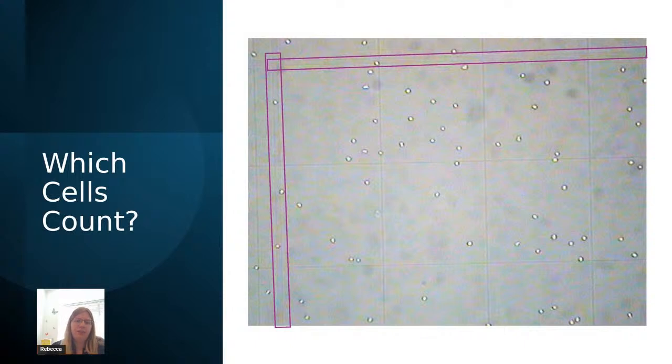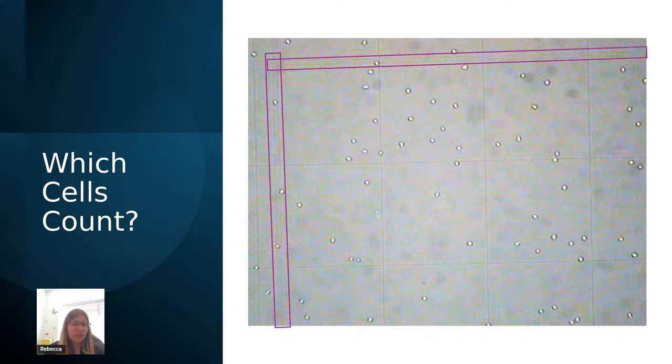And then the next one up would count because it's a majority inside the square that we're looking at. And then that top one all the way to the left, I would say would also count because it is right on the line that we're looking at. And so it should probably count.